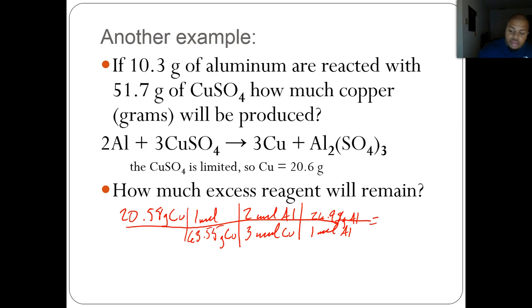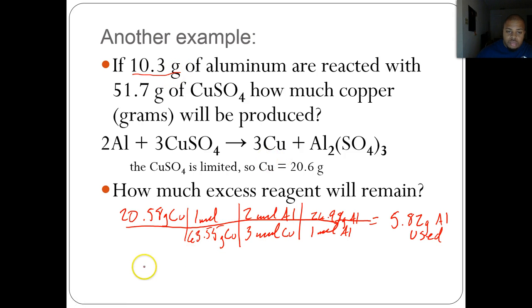And this gives me that I've used 5.82 grams of aluminum. So how do I find out how much is left over? Well, I started off with 10.3 grams of aluminum.